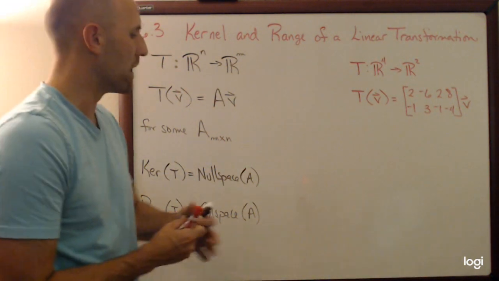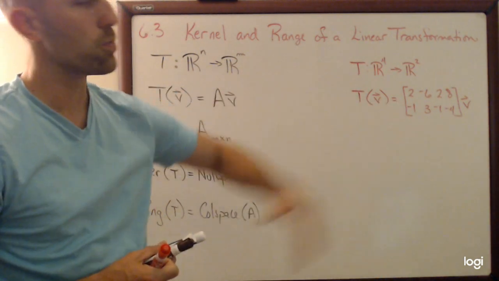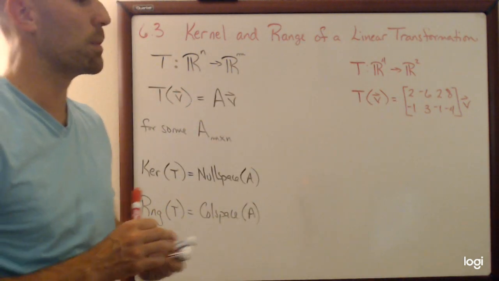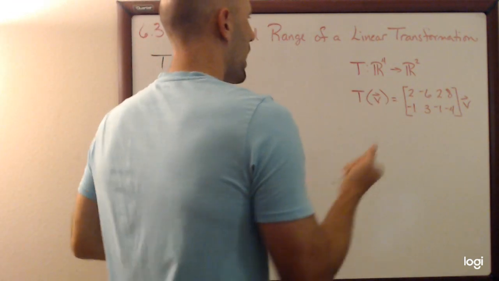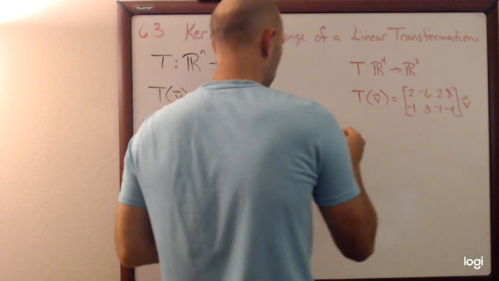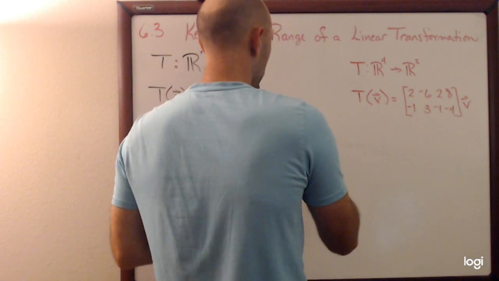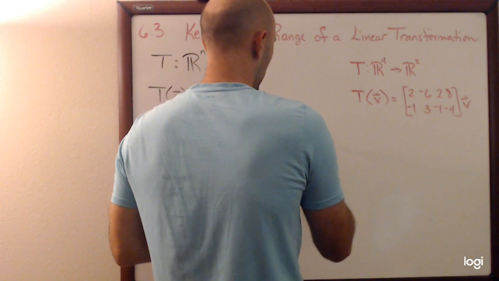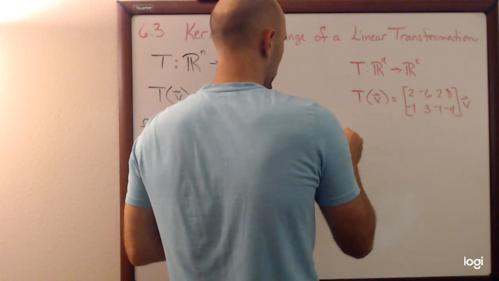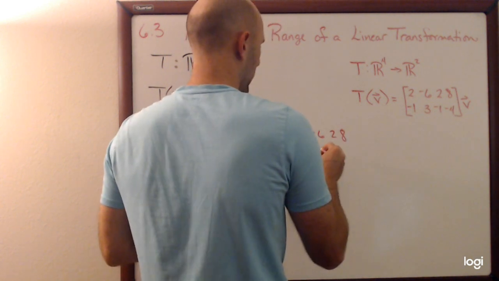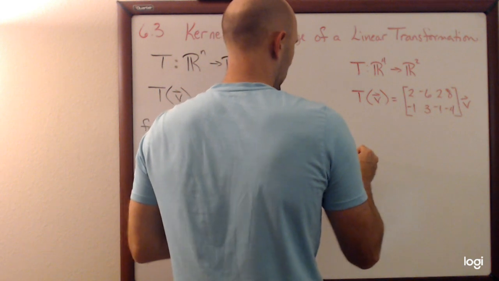We can do these very quickly. To find my null space and my column space, I'll just work this one out real quick. Of course, we put this into row echelon form, and I made this somewhat easy. Let's take 2, negative 6, 2, 8, negative 1, 3, negative 1, negative 4.